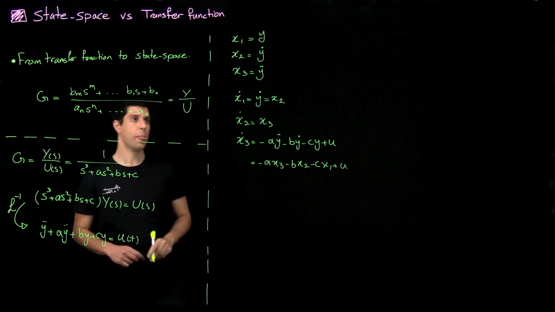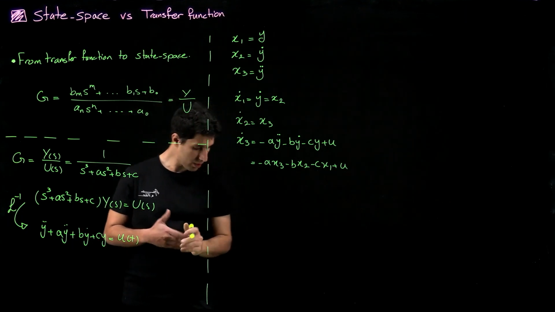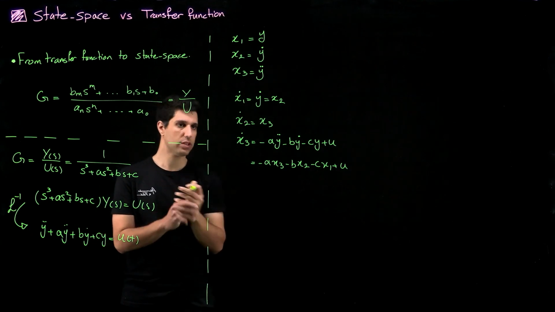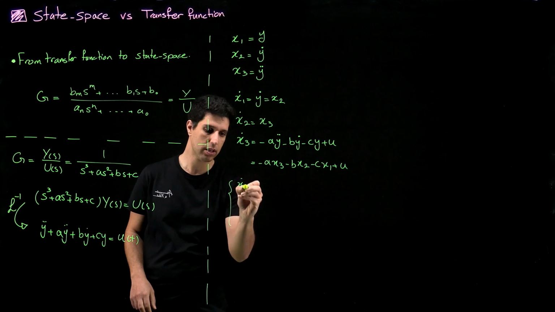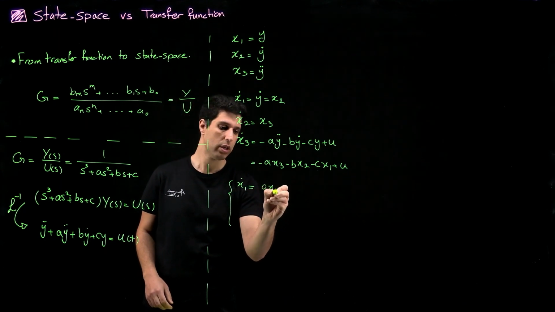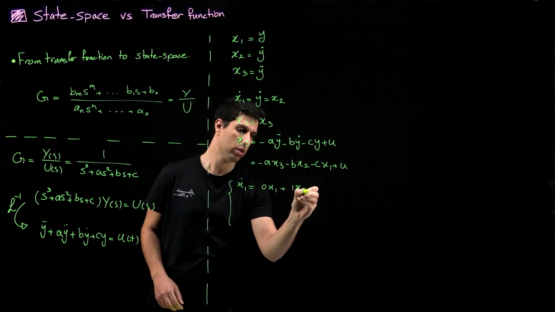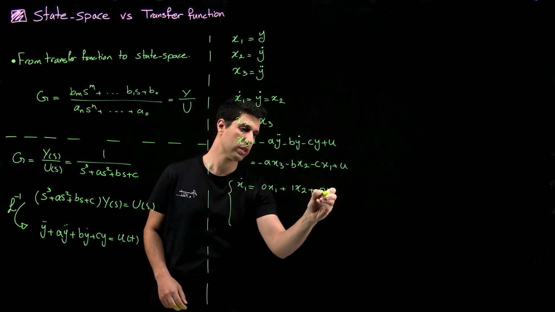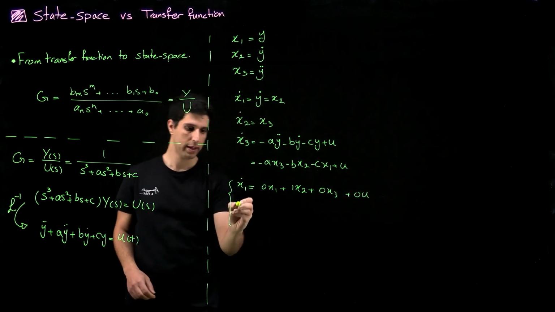All right, so now I have my equations. This is the last time I'm writing it like this, but x dot 1 equals 0 x1 plus 1 x2 plus 0 x3 plus 0 u.